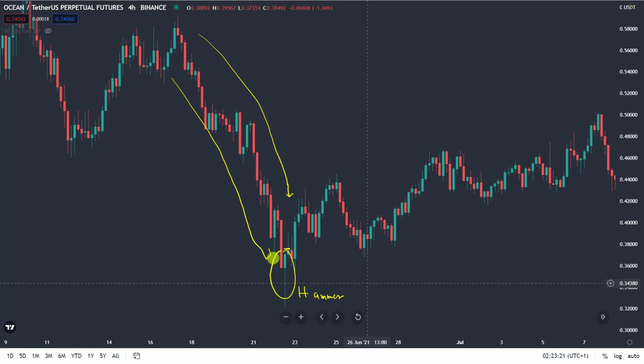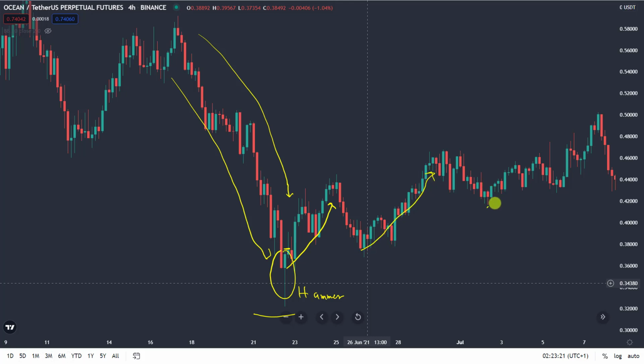So we can put our entry at this point here, and we put our stop loss somewhere around here. If we look at this formation, we can see that from here the market moved up, there's a little retracement and it went up again.